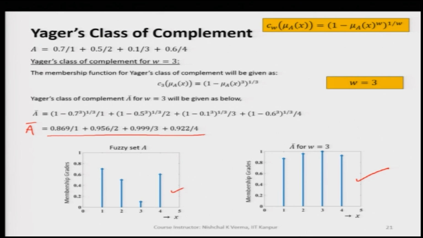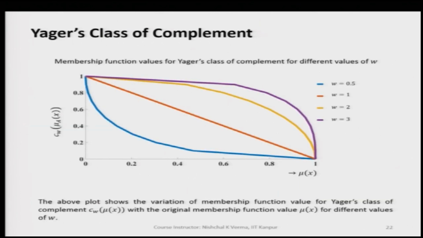So, A bar is changed here, and again when we try to plot the membership values of the set that we have taken and then the membership value of the complement set, complement of the set A, which is here, this has to be noted that this complement is Jaeger's class of complement or Jaeger's complement.